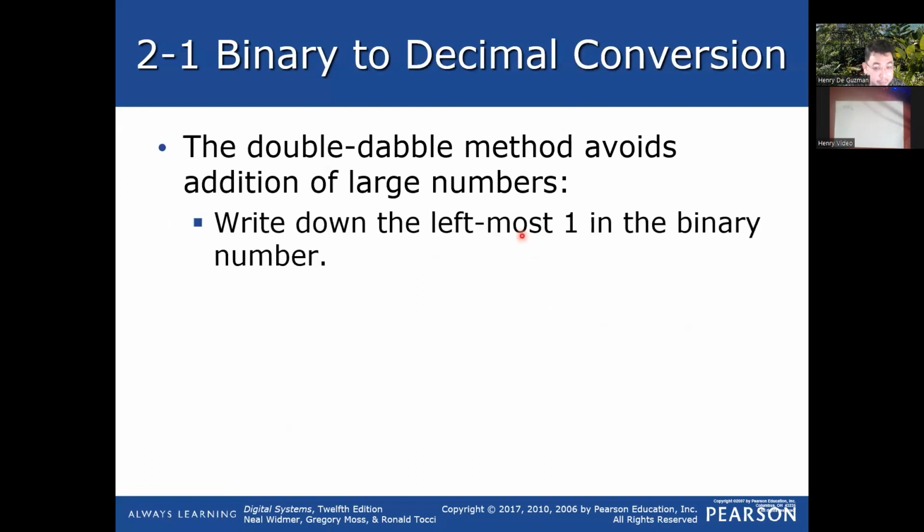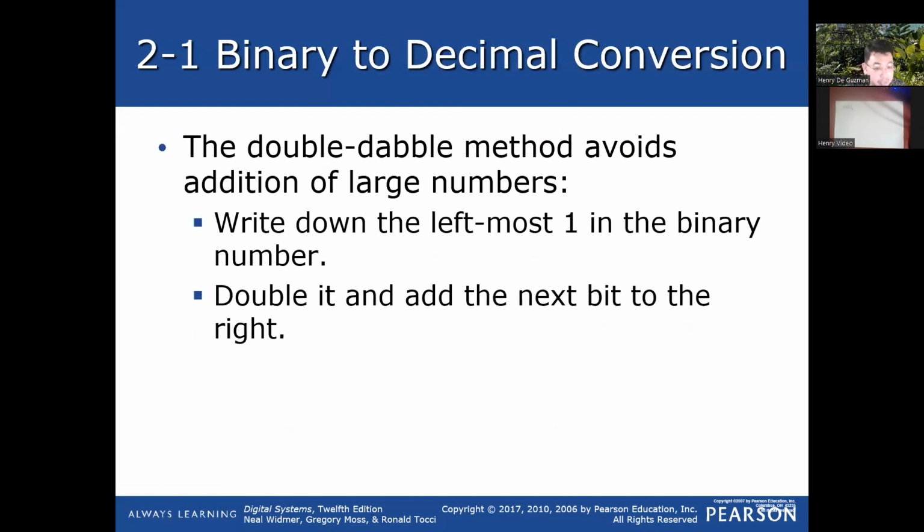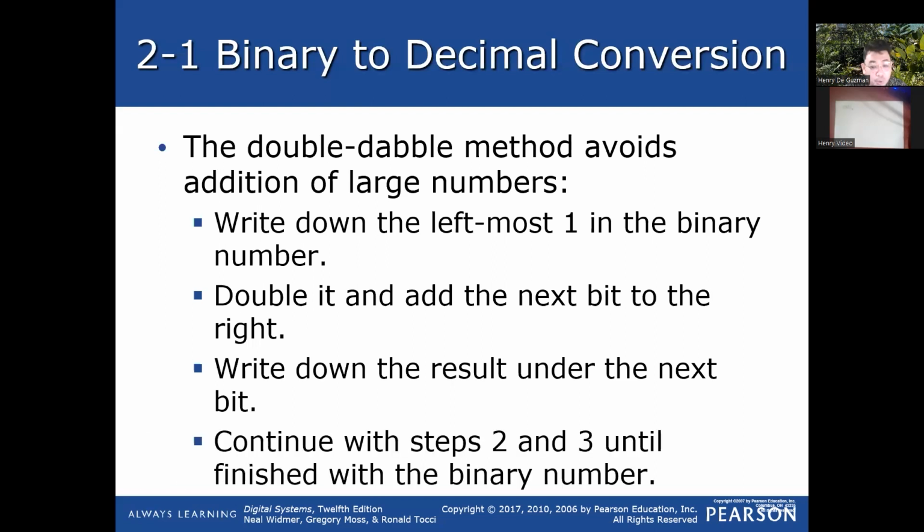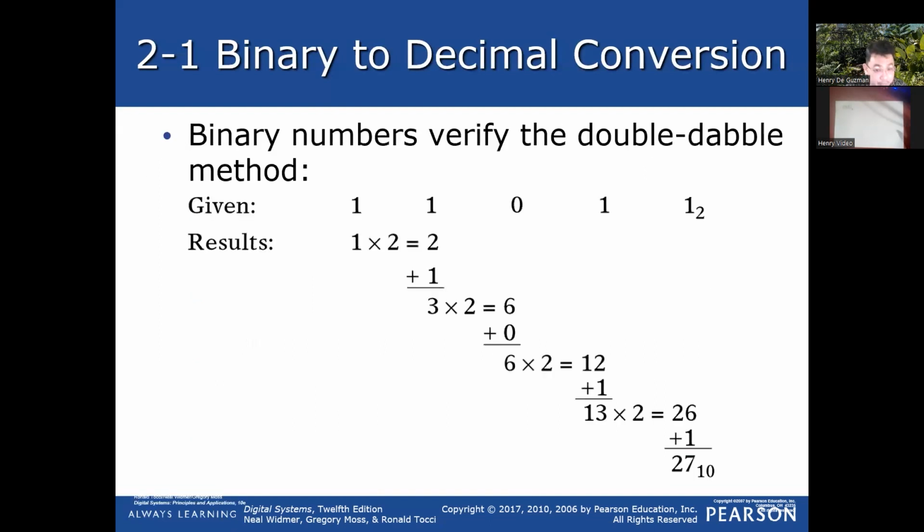Write down the leftmost 1 in the binary number. Double it and add the next bit to the right. Then write down the result under the next bit. Continue with steps 2 and 3 until you finish with the binary number. So this is the double-double method.